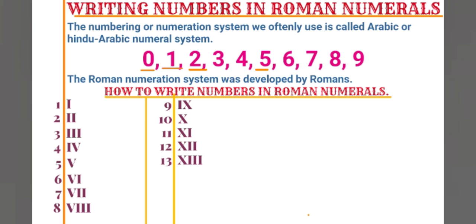And again for 12, 10 plus 2 is 12. So from this logic you can keep in mind that for 10 you write X, and for 2 you write 2 capital I's. For 13, there is 1 capital X because 10 plus 3 is 13. 1 capital X with 3 capital I's becomes 13 in Roman numerals.